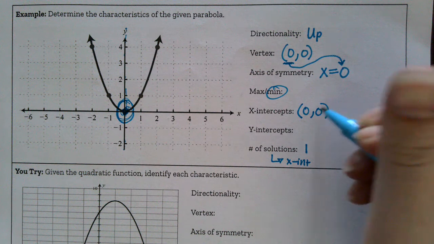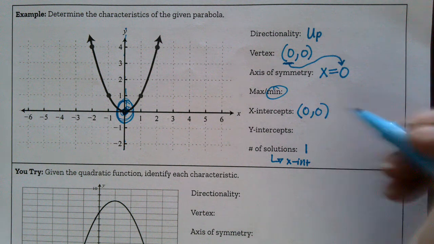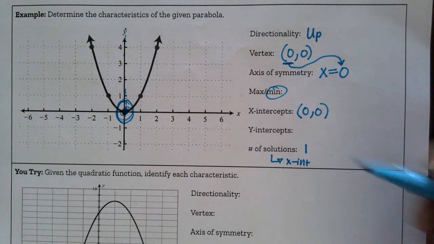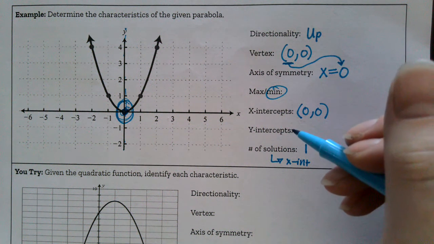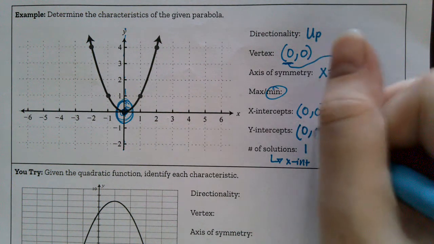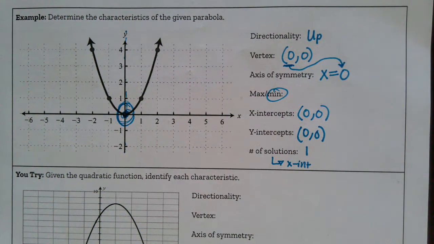If I had 2 solutions, I should have 2 different coordinate points. If I have no solutions, I can just leave the x-intercepts part blank or write none. Our y-intercept is where we cross the y-axis, which again is at 0, 0. This one's a little weird because it used the origin a lot, but that's okay.